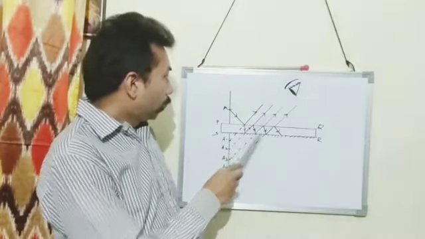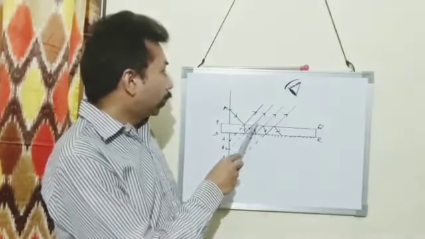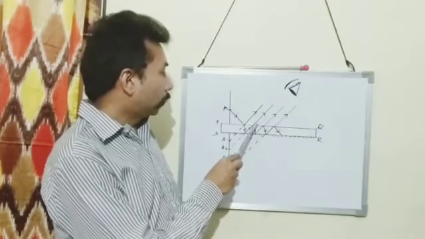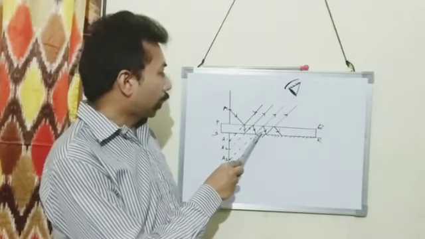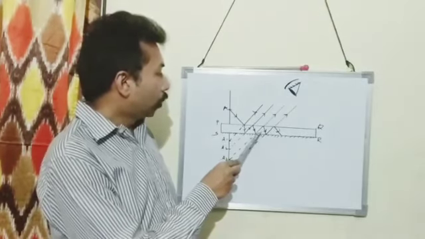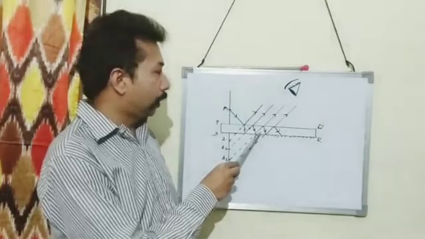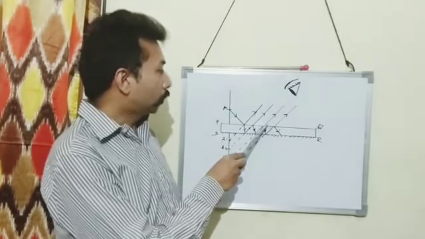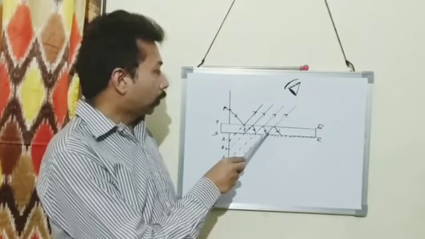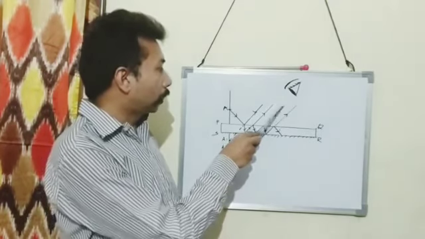Then when this light goes back to the surface, some light is again reflected back into the same medium and strikes the silvered surface. On the silvered surface, reflection takes place again and it comes back to the same medium. On the surface, some light is reflected back and some light emerges out.